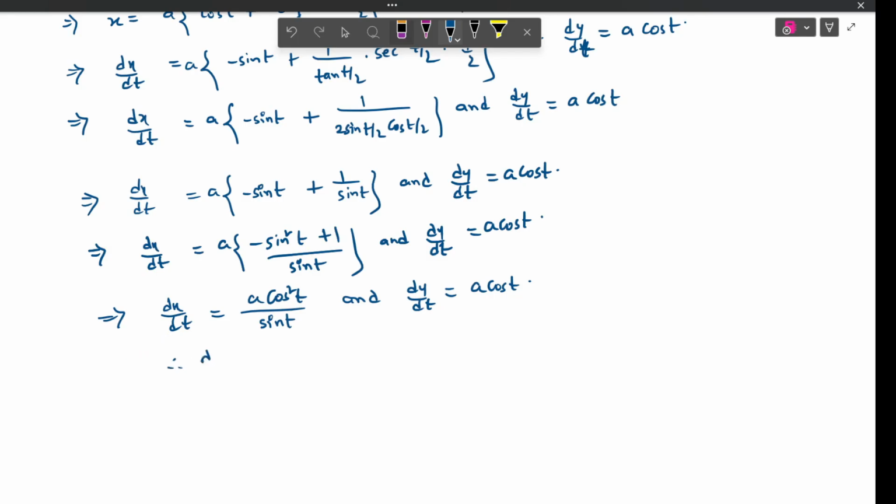Now we have to find out dy by dx. So dy by dx would be dy by dt by dx by dt. So dy by dt is a cos t, and dx by dt is a cos square t by sin t. So sin t will be in the numerator. So sin t by cos t, that is tan t, is the differentiation.